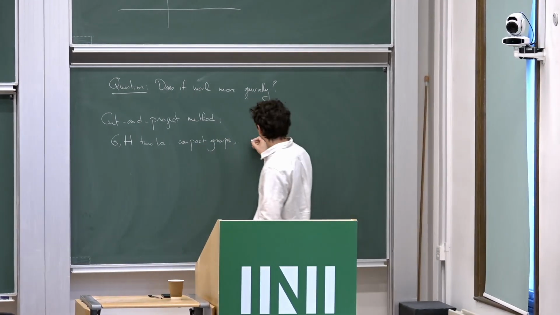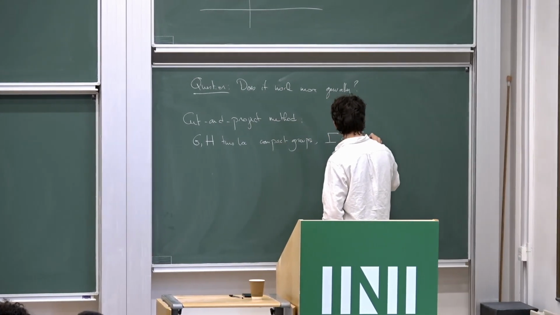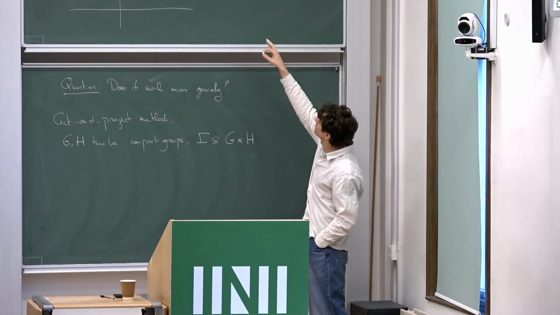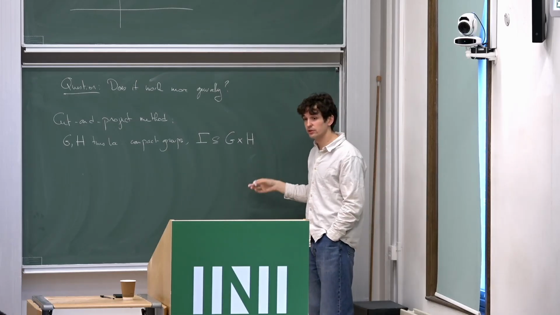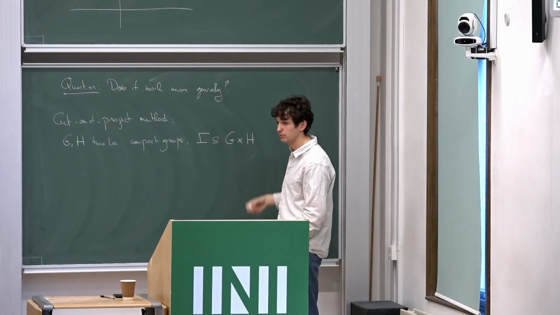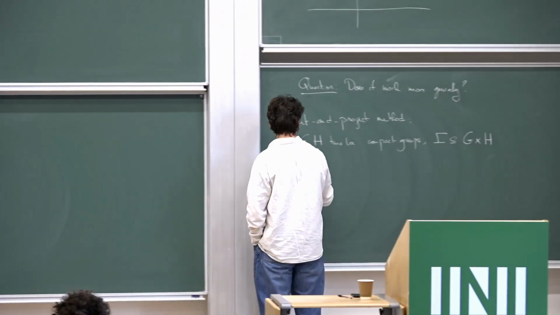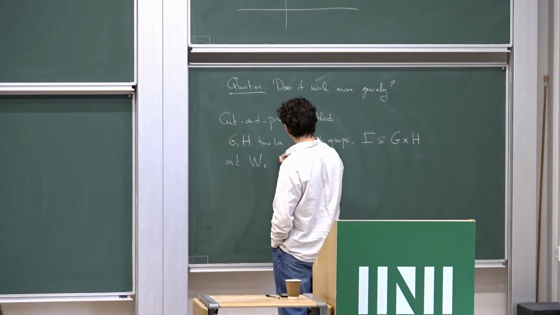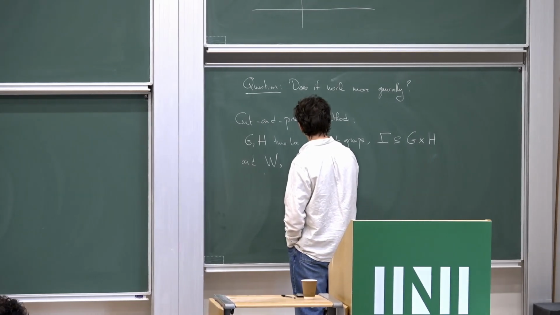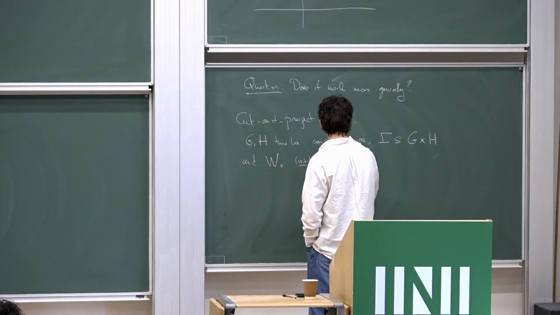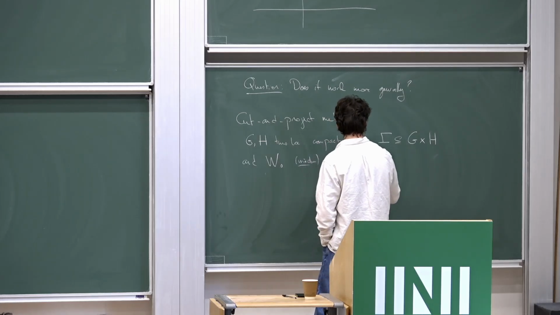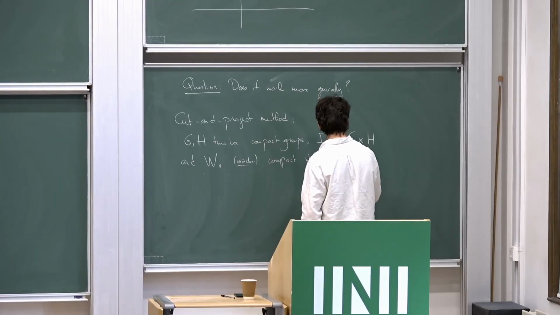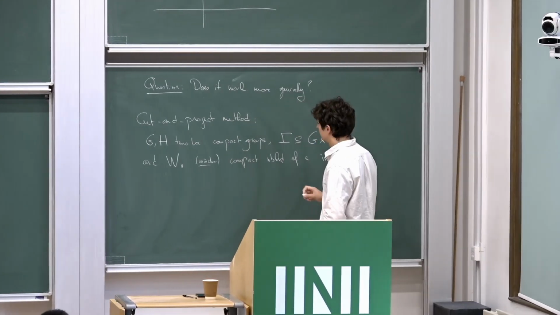I take a lattice in G times H. And instead of this very nice box, I can just take a compact, or relatively compact is enough, neighborhood of the identity in H, which we call the window.